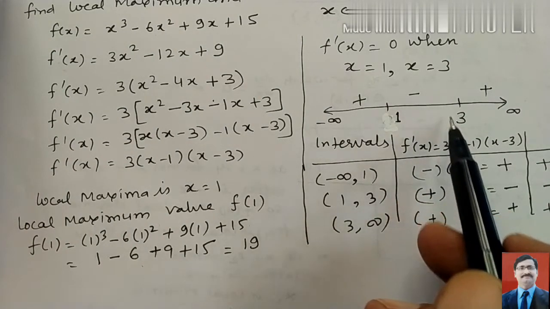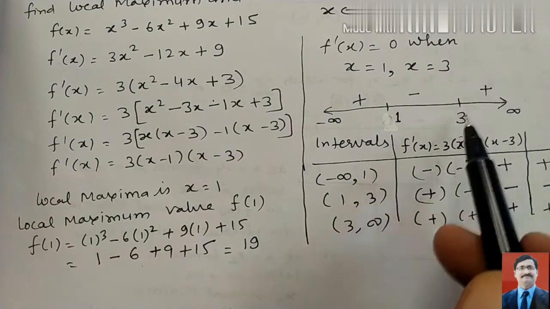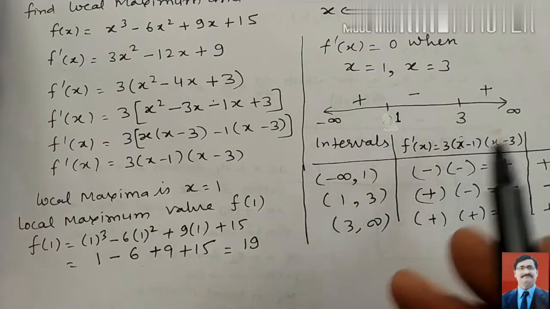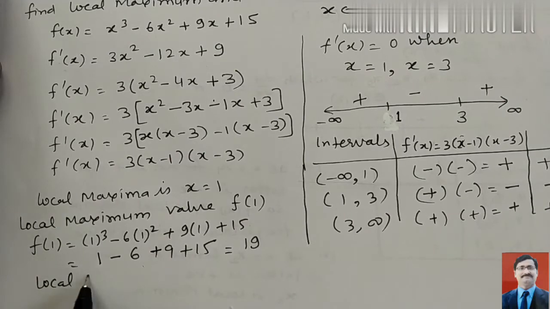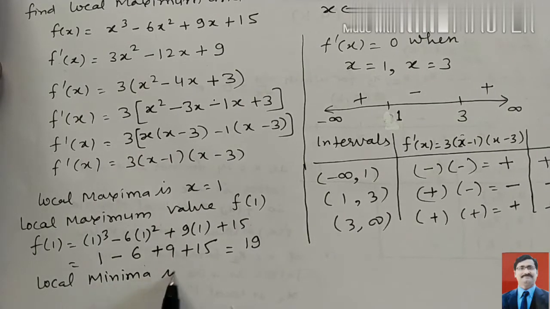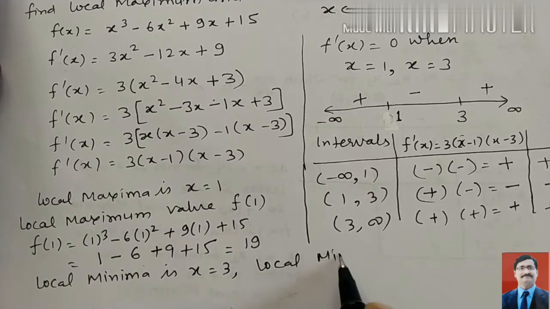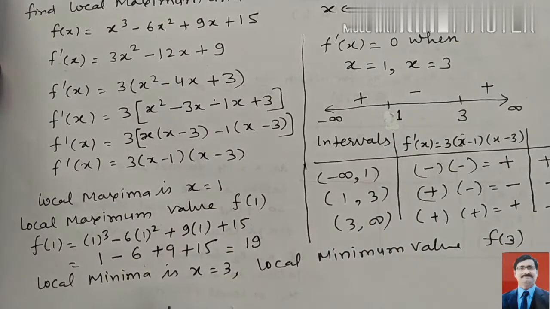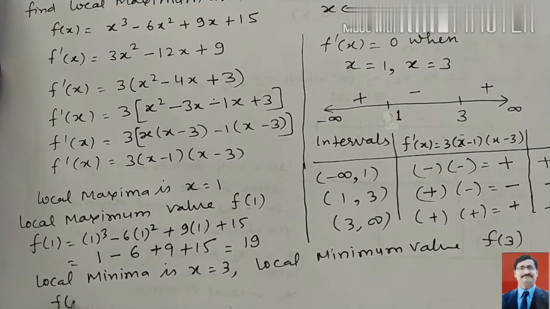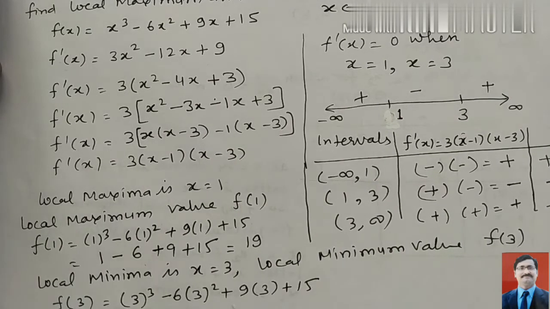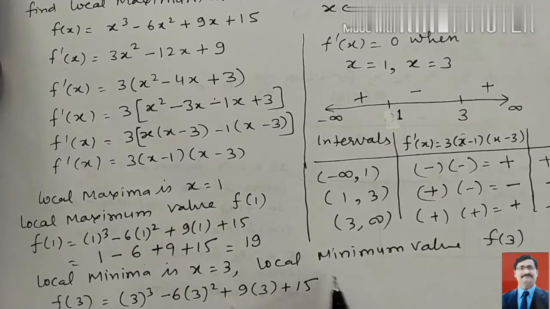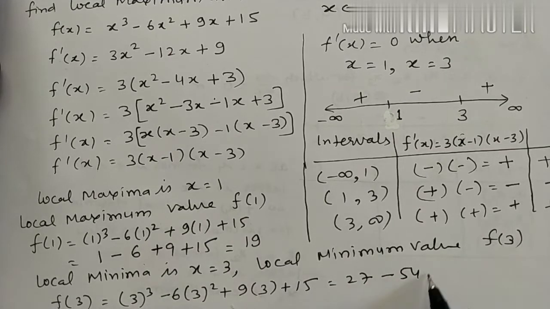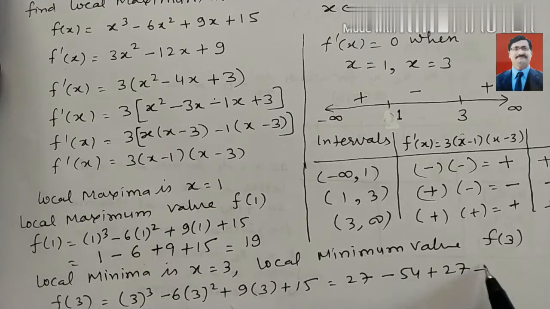Here minus means decreasing, then plus is increasing, which means x equal to 3 is a local minima. So we can write that the local minima is at x equal to 3, and the local minimum value is f of 3. In place of x we will put 3. 3 times 3 is 9, 9 times 3 is 27, and 3 times 3 is 9, 9 times 6 is 54, plus 9 times 3 is 27, and plus 15.